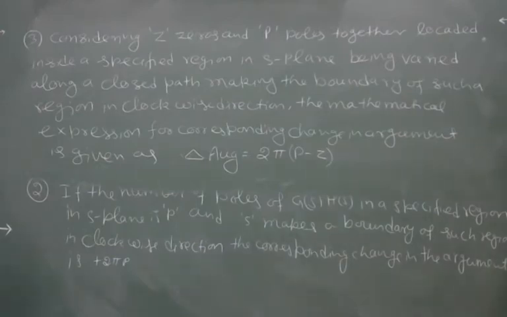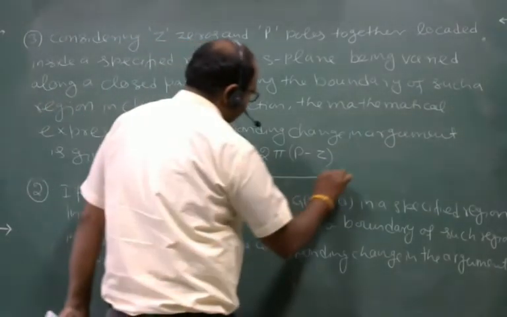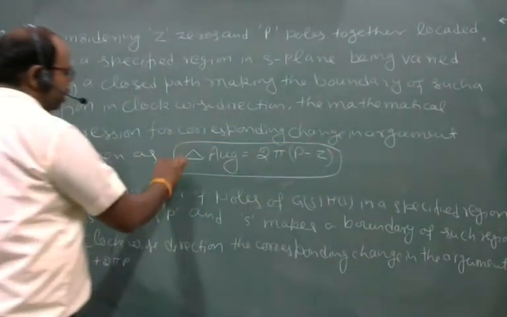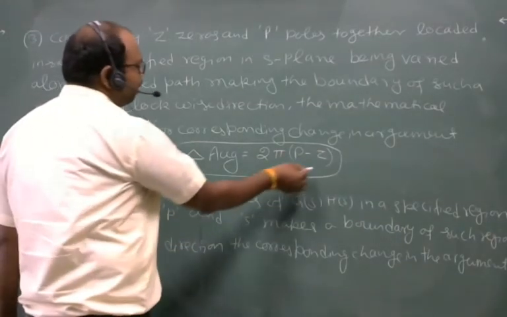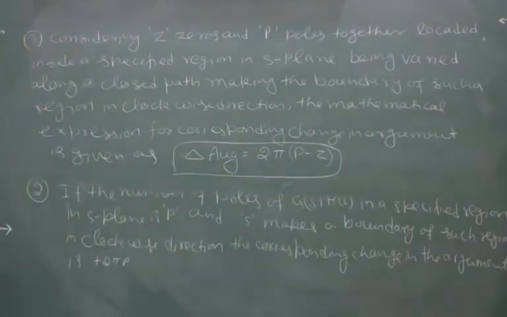And this is the relation which is given by the principle of argument. That change in argument is equal to 2 pi (P minus Z). Right?